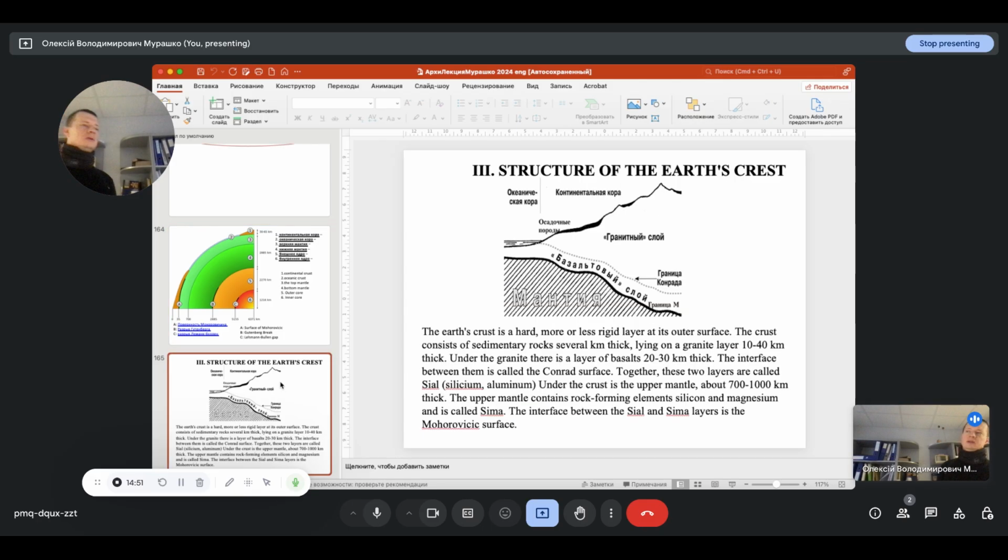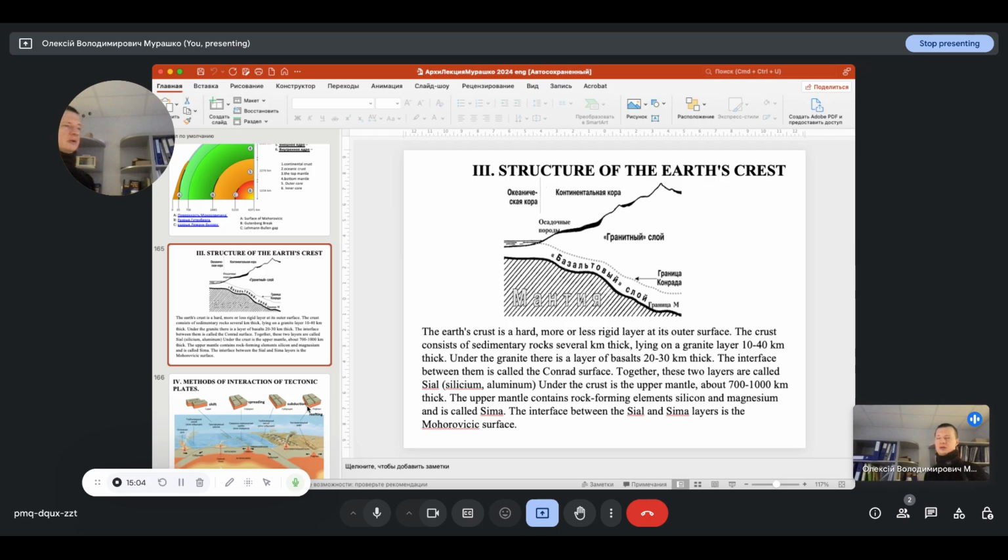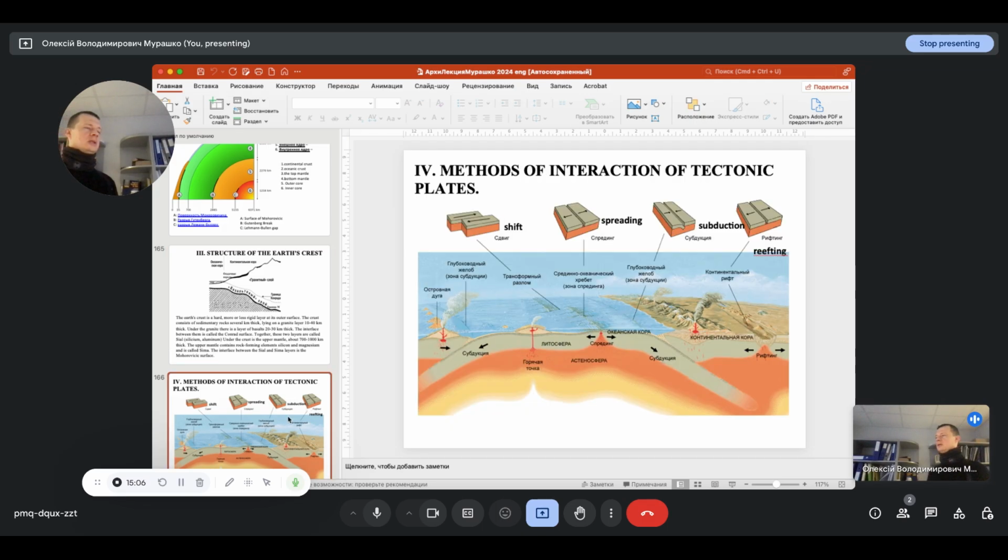And if we consider in detail, here is our crust, and it consists of various layers which interact with each other, and that interaction can be defined in four main types.